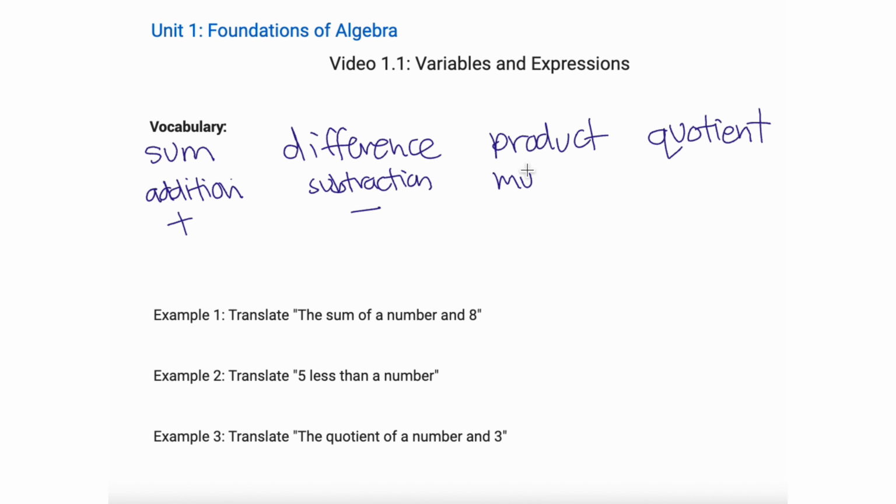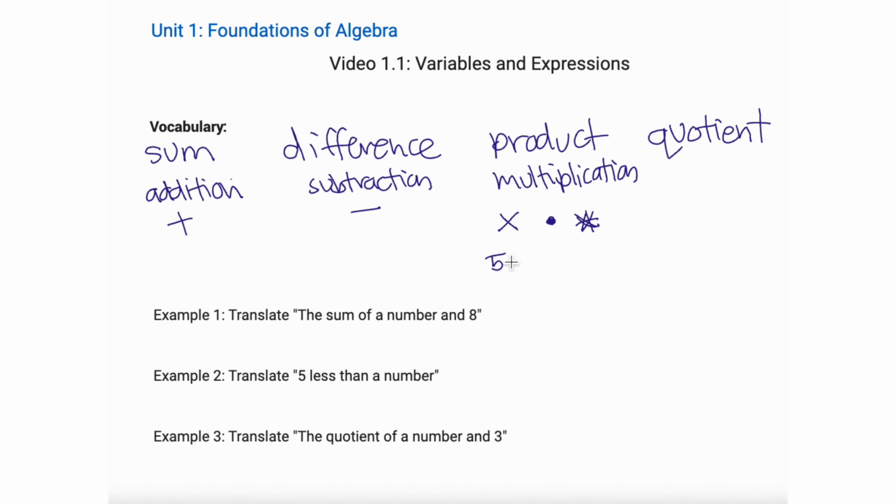Product is multiplication. The different multiplication symbols that you might see, I'm sure you guys are familiar with the times or the X. This can get confusing though as we progress in the course because it could be confused with the variable X. So I want you to get used to seeing a dot or even a star as multiplication, also parentheses.